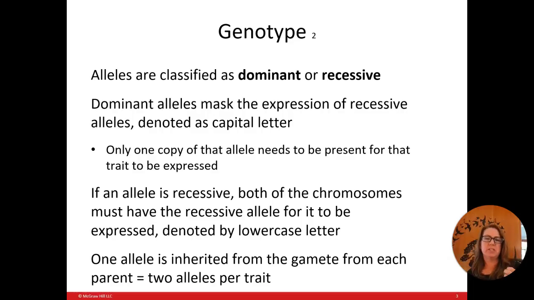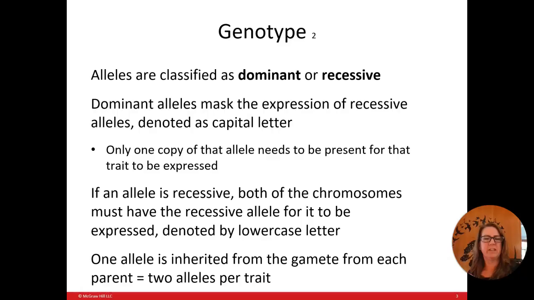So a genotype, again, is going to refer to these alleles. You can have the dominant allele or you can have the recessive allele, or you can have both. The dominant allele is the one that masks the effect of the recessive allele. So if you have brown eyes and you know that you have a blue-eyed parent, then you likely have a blue-eyed allele that's being masked by the brown-eyed allele, and that's why you show brown eyes.